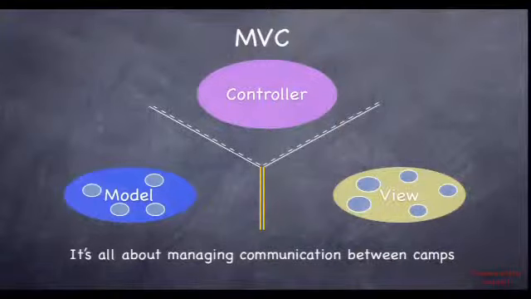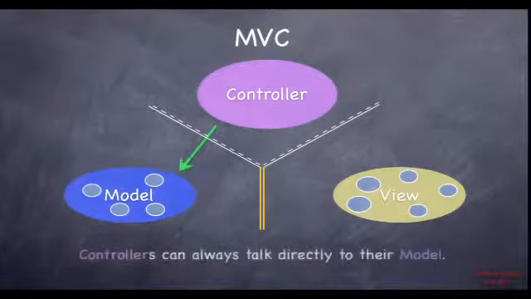Once you have these three camps, then it's all about managing the communication between the camps. So now I'm going to talk about what communication is allowed and how we achieve that communication. Let's talk about controllers talking to their model. This is a controller object wanting to send a message to an object in the model, and that is 100% allowed. Green arrow going that direction.